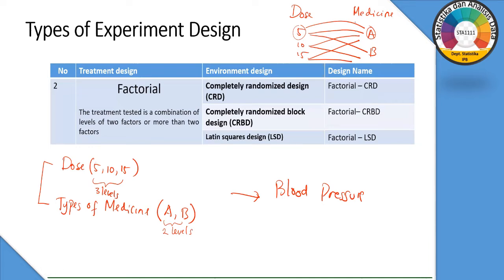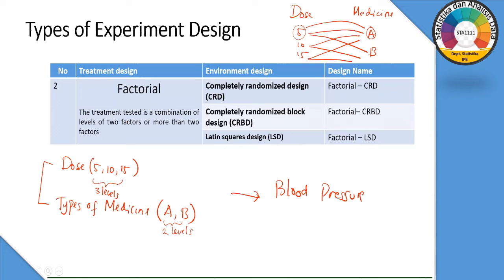So that is the combination. As you can see here, the treatment tested is a combination of levels of 2 factors or more. In this case, 2 factors only. If 3 factors, you must combine the levels of all the 3 factors.